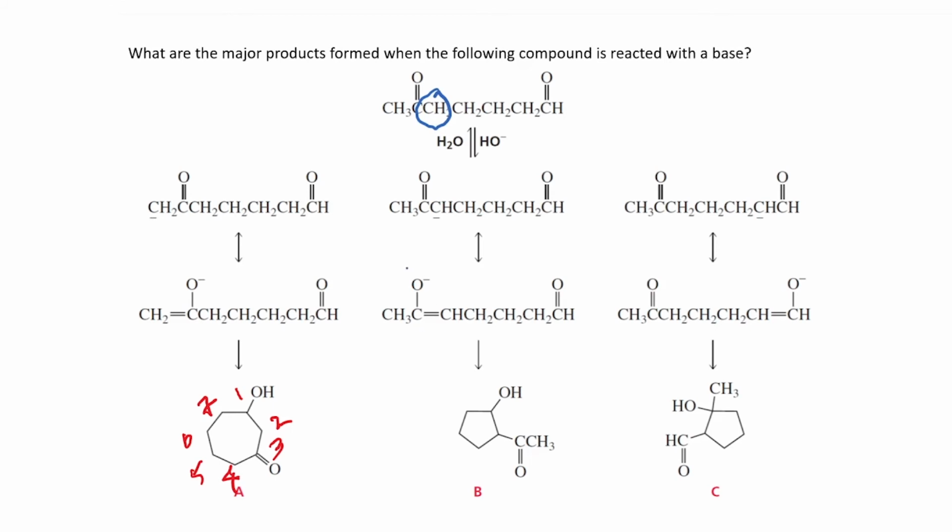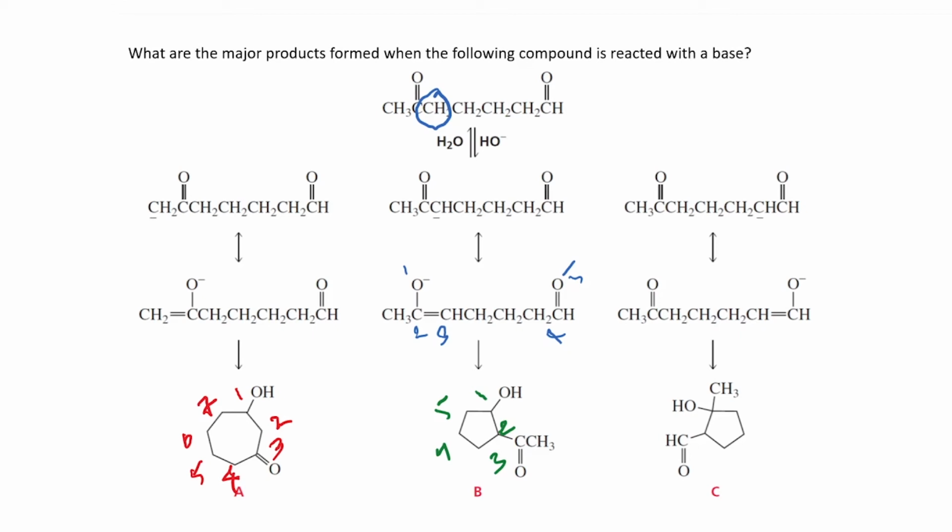If I number it, 1, 2, 3, 4, and 5. This is the reaction that actually occurs, and it gives me a 5-membered ring, which is not unstable.